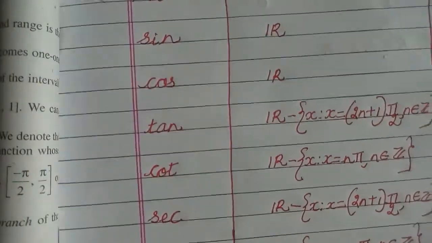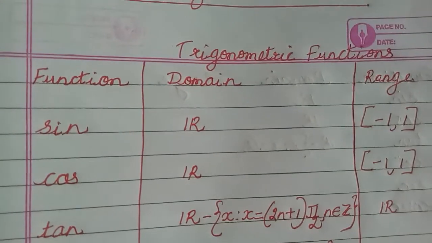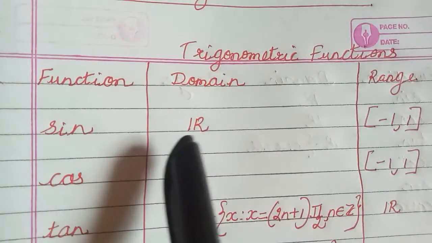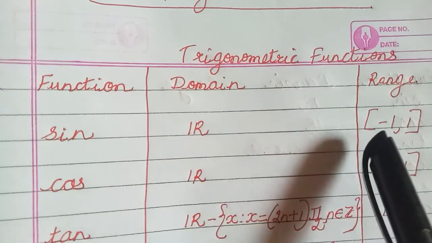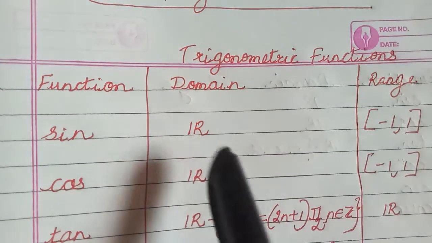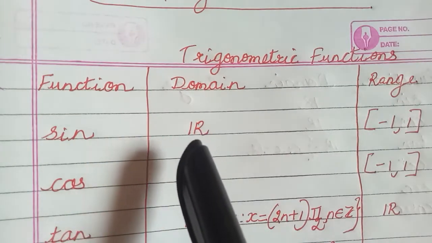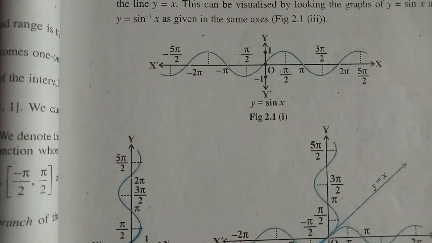Now you have studied last year, children. I have prepared a table for easy reference. You know that the domain of sine is R, the real number set, and the range is the closed interval -1 to 1. Why is the domain of the sine function the real numbers, children? Because last year you must have learned the concept that real numbers and radians both mean one and the same.